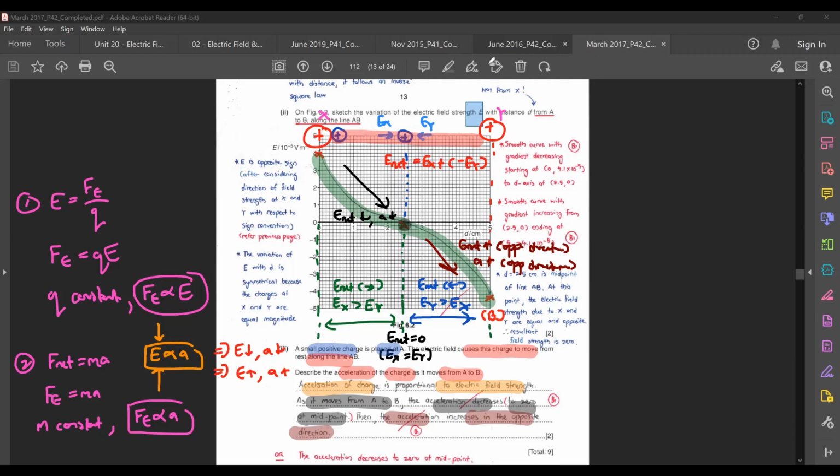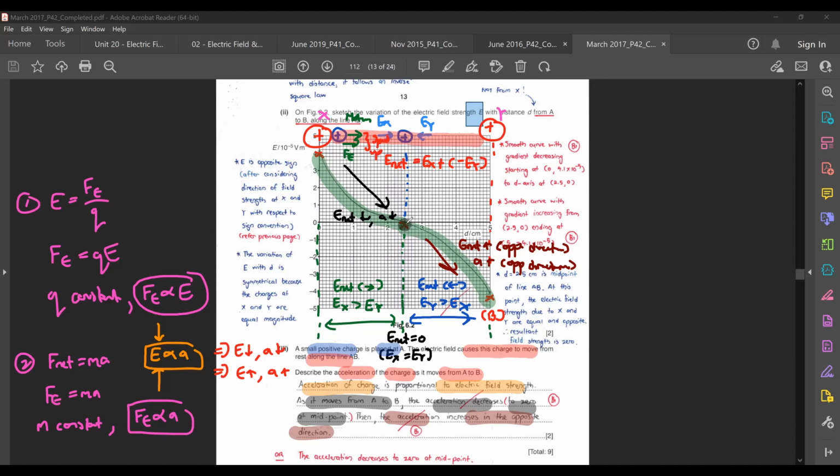If I have a test charge that is between this region here now, my E net, my direction of motion is here. This is my direction of motion. But my direction of my electric force is also going to be in the same direction. This one, I will actually speed up.